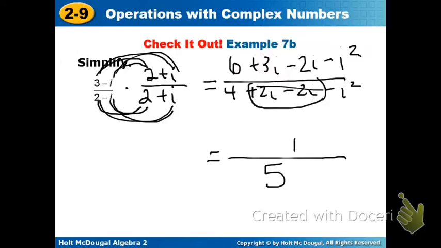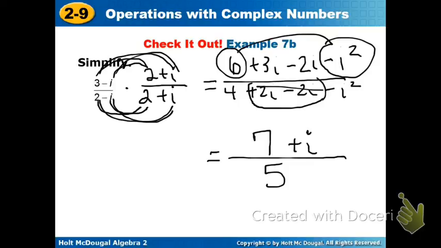That's going to be just positive i. And then we've got to break this down. i squared is negative 1, and then you've got that minus in front of it, so it becomes plus. So you have 6 plus a 1, or 7. 7 plus i over 5.